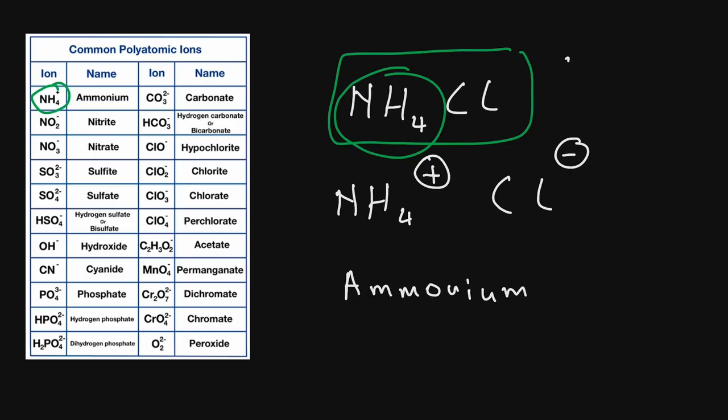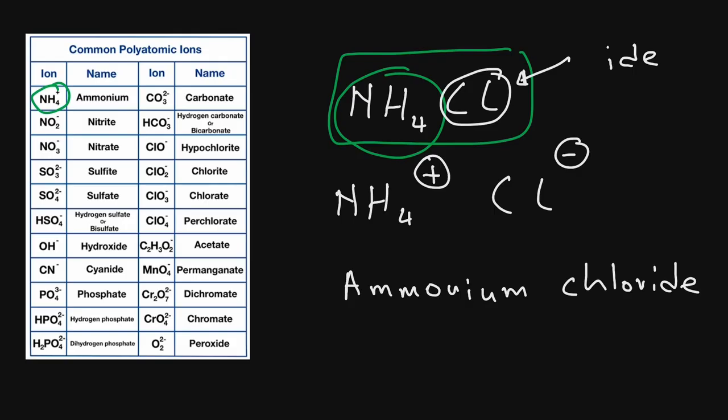And the last part is just a normal element. Remember, when we have the last part as a normal element, the ending changes to -ide. So we're going to have ammonium chloride. That is how we label that type of compound.